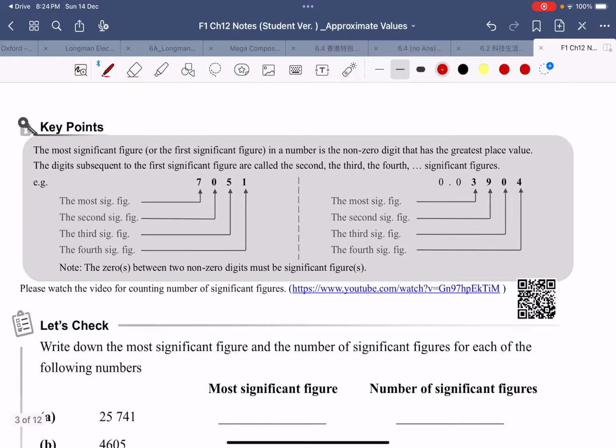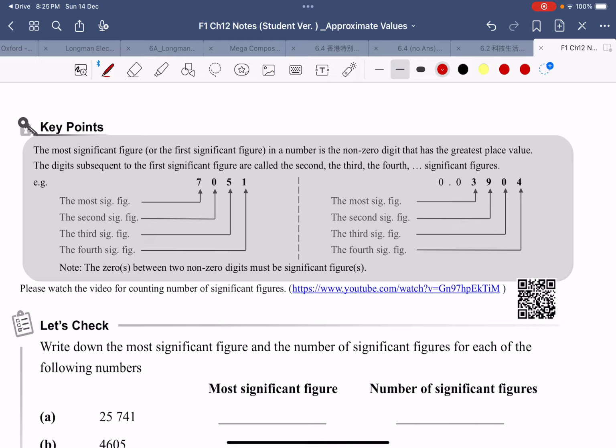And then let's go to the next part, significant figures. The key idea is the following. Significant figures tell us which digits in a number are meaningful. The first significant figure is the first non-zero digit, the leftmost figure.